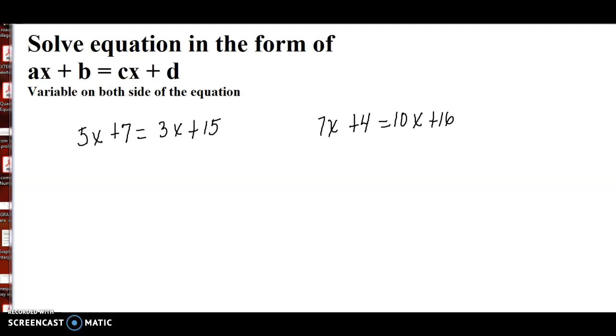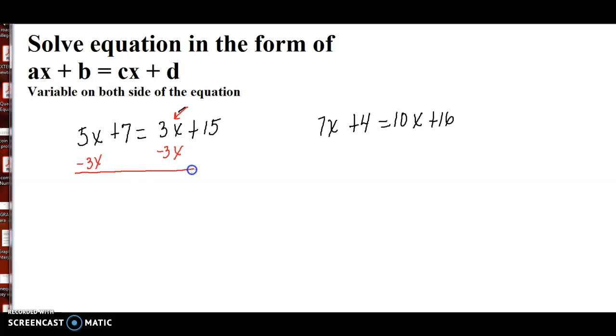So what does that mean for me? That means that I need to get rid of the 3x here because it's on the wrong side of the equation. So to get rid of that 3x, I'm going to subtract 3x from both sides of the equation.